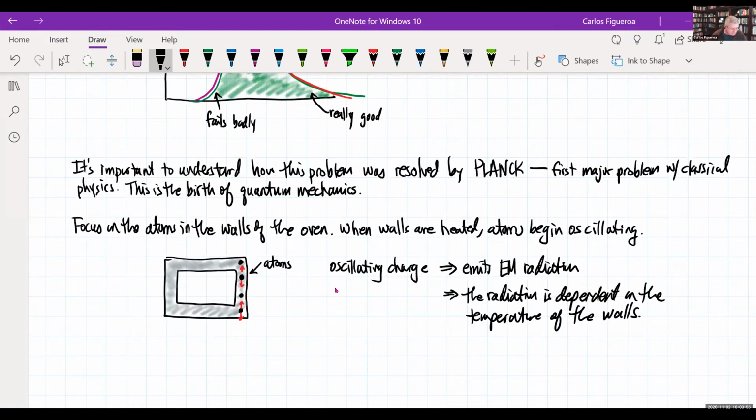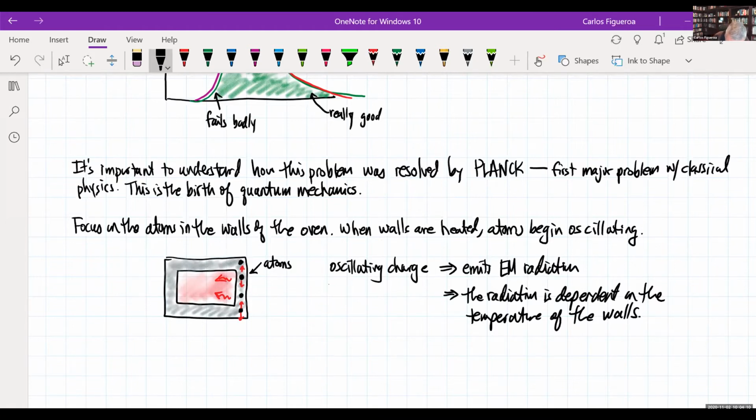Okay? And so I'm getting this radiation coming in, and it's sort of like this radiation is filling this whole cavity as it's going there.